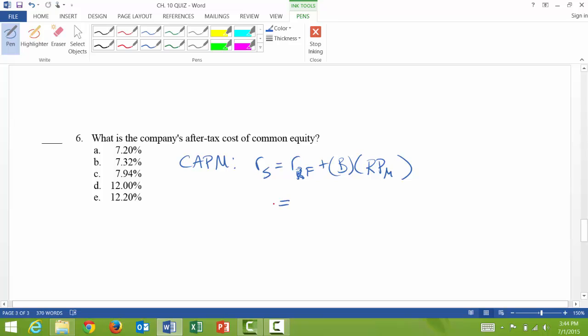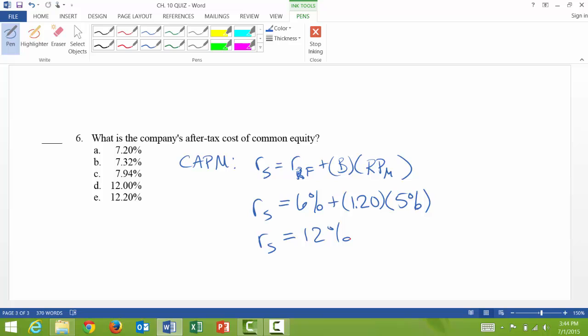And so they said the risk-free rate was 6%, beta for the stock was 1.2, and the market risk premium was 5%. And when you multiply and add, you'll get the cost, well, after-tax cost of common equity, there's no such thing as an after-tax cost, but the cost of common equity is 12%.